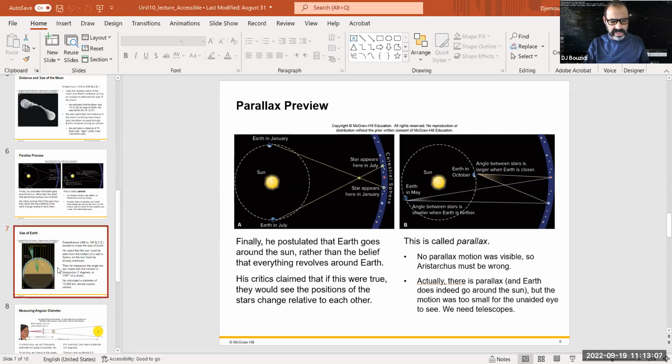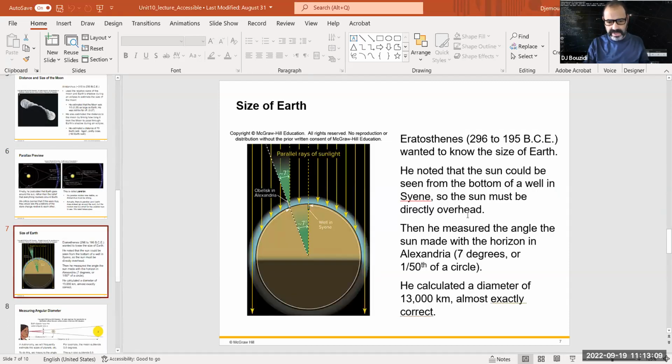Then came Mr. Eratosthenes, okay, as I was describing in the beginning. And he noted that in Alexandria, the shadows make 7 degrees, okay? Remember, before him, Mr. Aristarchus already argued that the sun is about 20 times the distance to the moon, okay?